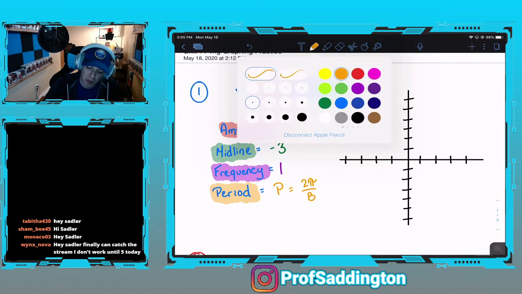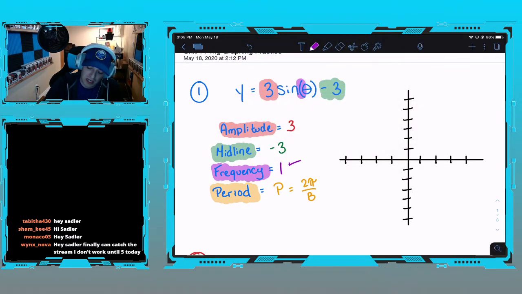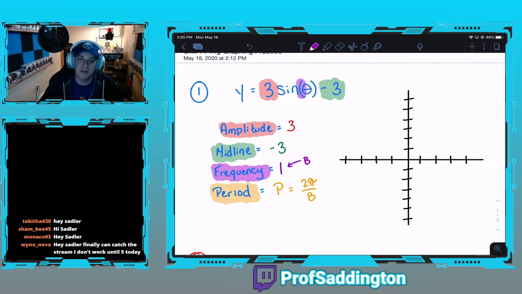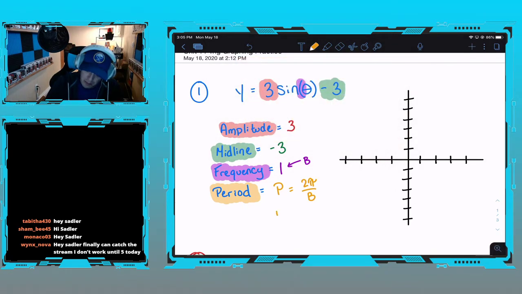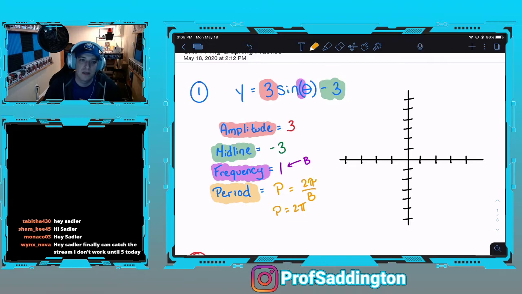And I just want to point out frequency, again, that is simply the b value. So all I'm going to do is just take the number for frequency, plug it in, and then I'll have my period. So in this case, we have p is equal to 2 pi over 1, which is really just 2 pi. Okay?